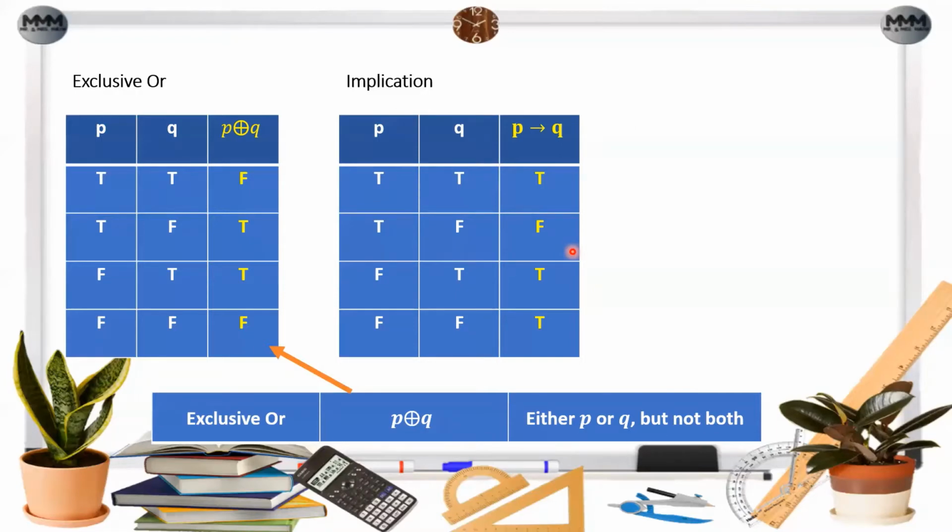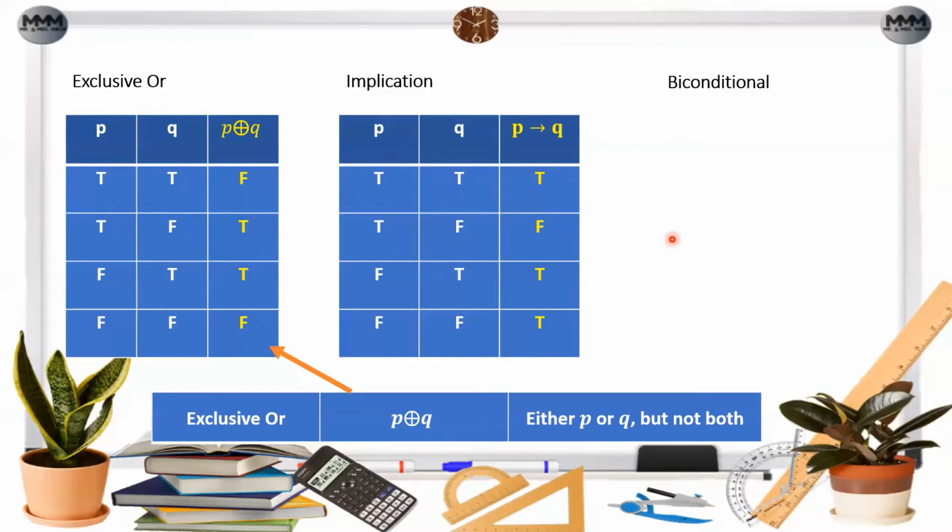Whereas here, your hypothesis is false, but you are concluding that Q is true, then our compound proposition implication is true. So again, we only have one false as our truth value in this table, only when P is true and Q is false.